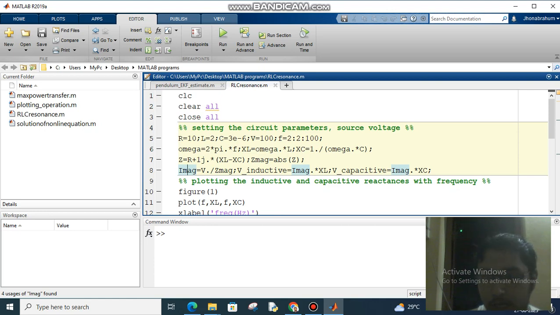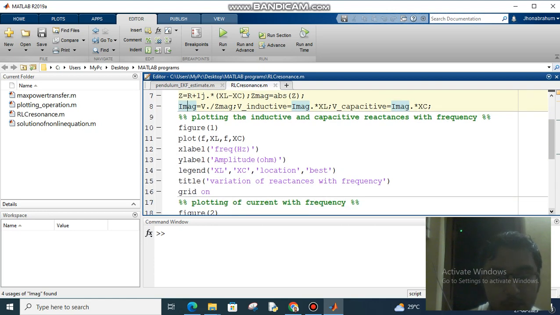After varying the frequency, we are plotting two parameters: the inductive reactance and the capacitive reactance, and we will check how these two vary with respect to the frequency. That is one plot.